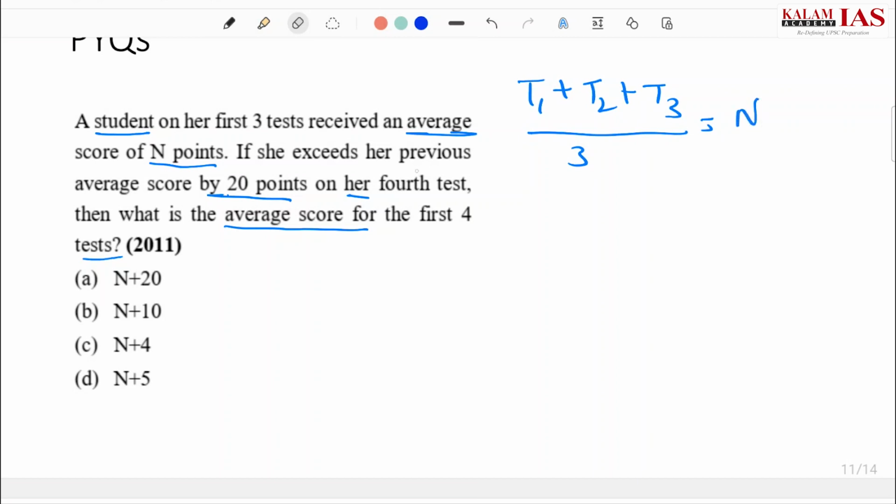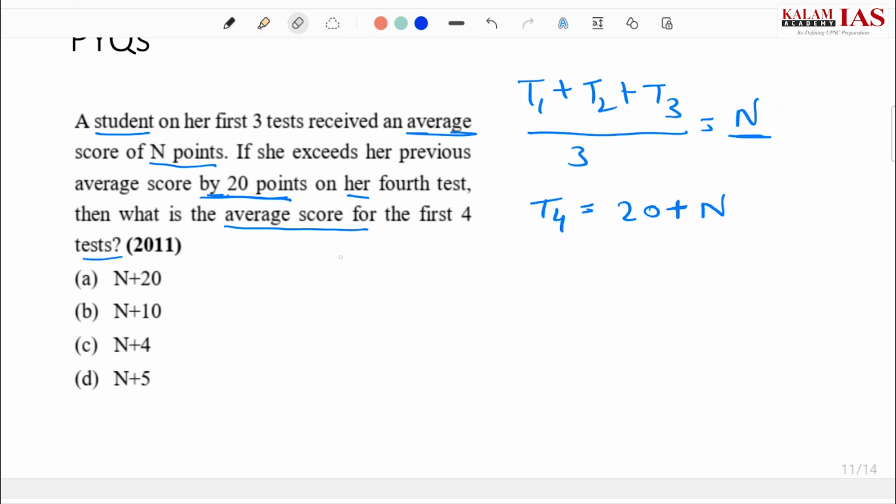If she exceeds her previous average score by 20 points, so basically in her fourth test she has scored 20 points more than her previous average score. The previous average score, as we know, is n. She has scored 20 marks more than previous average score. Then what is the average score for the first 4 tests?